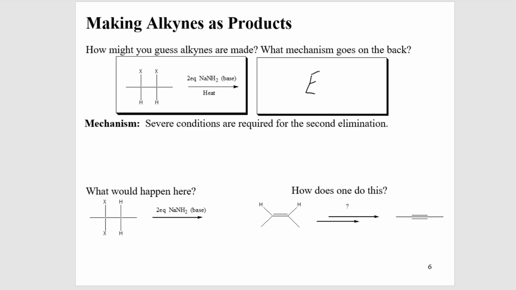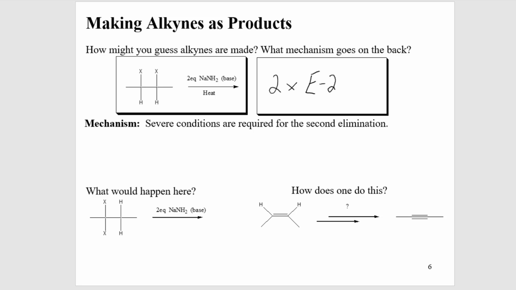If you said elimination, you are correct. And what we're going to focus on is E2. So we could use some very severe conditions, some really strong bases, and we need two equivalents to do this because we're going to do the E2 two times, right? First time makes an alkene, second time makes the alkyne.